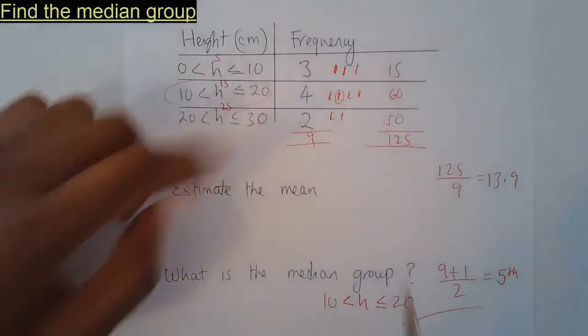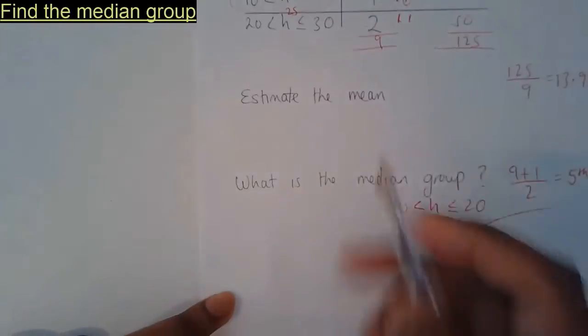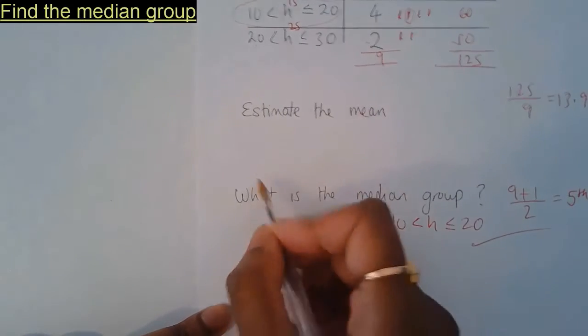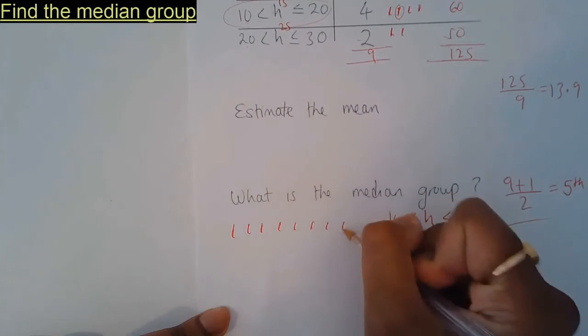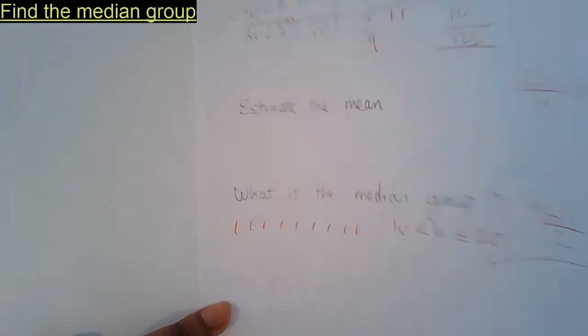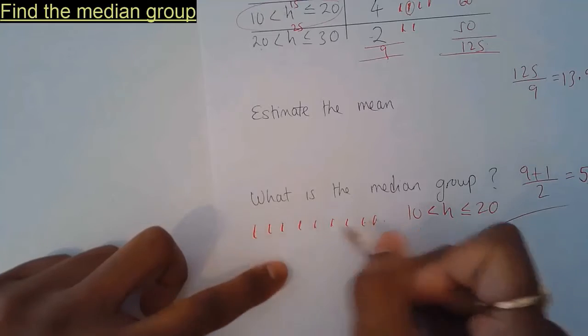Now just to explain to you why we need to add 1. Let's say we've got 9 plants there. That's 9 plants. Now to find the median, you can do 1 for you, 1 for me, 1 for you, 1 for me from either side.